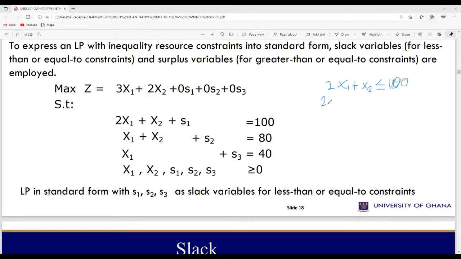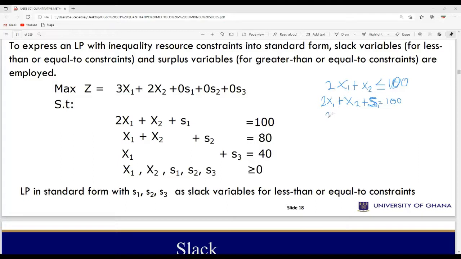Let's represent it with S for small, right? So plus S1 is equal to 100, right? That becomes your slack value, so you solve for it.